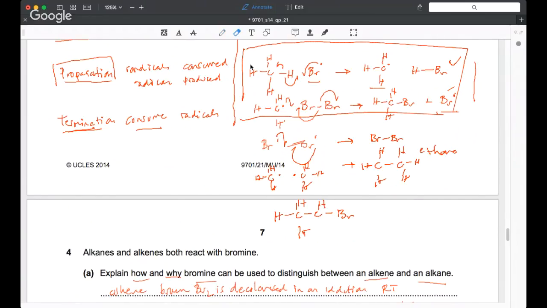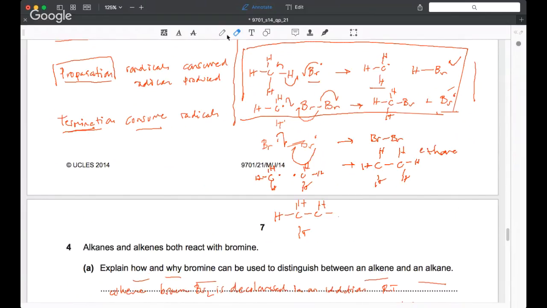I'm going to just put the bromine down here. And then you've got your bromine radical. Well, what's going to happen? It's going to be exactly analogous to the long description that we did with methane up there. You're going to get homolytic fission of the carbon-hydrogen bond there.